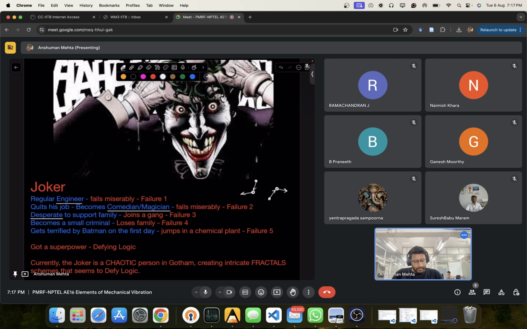For example, one is job, another is family. With each decision, he is changing his outcome. And the relation between job and family is also one issue. For example, to gain some money, he tries to join a gang, but while doing that, he is away from his family.